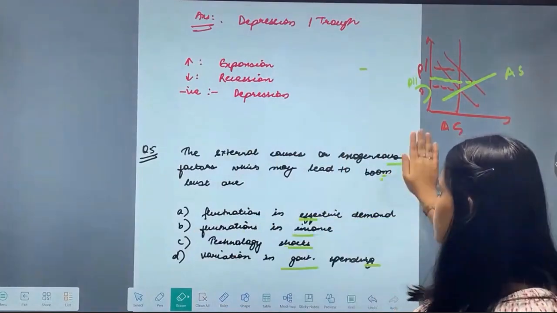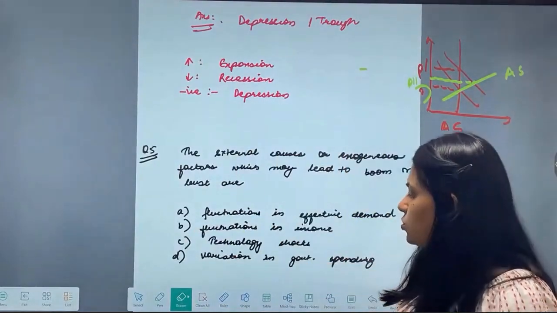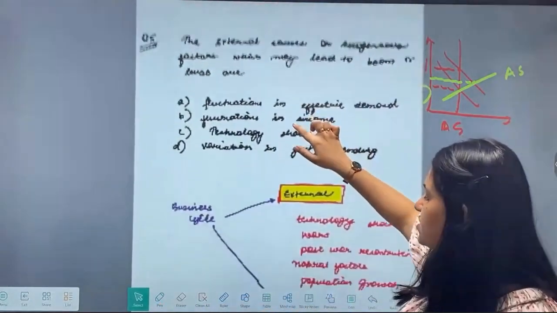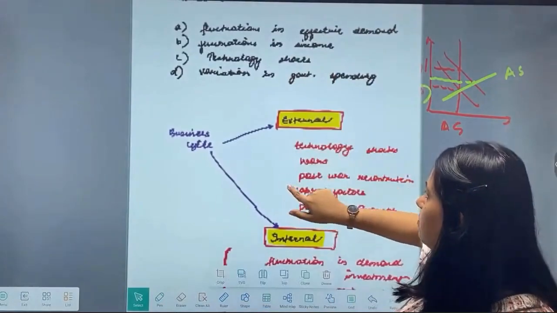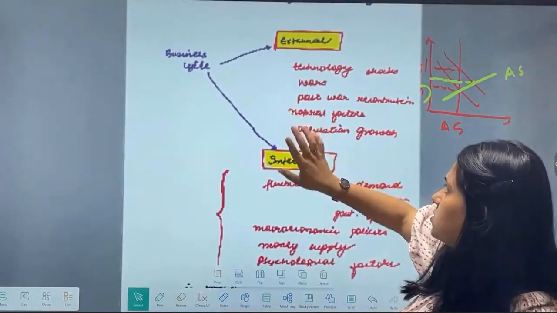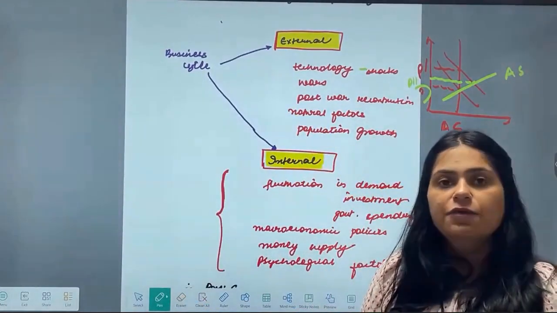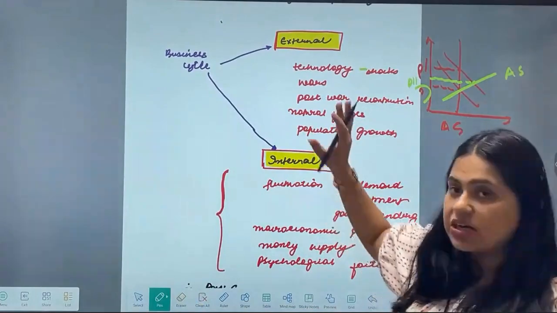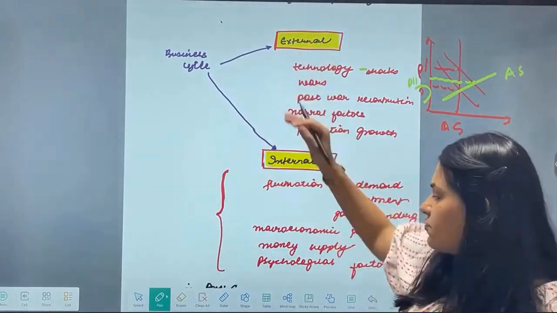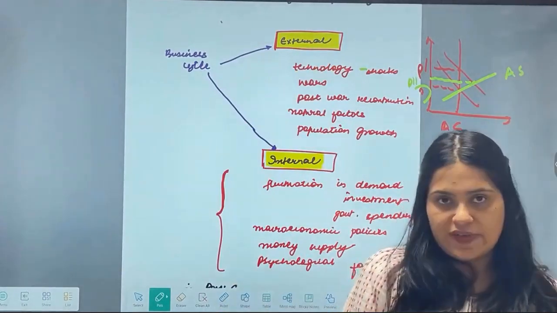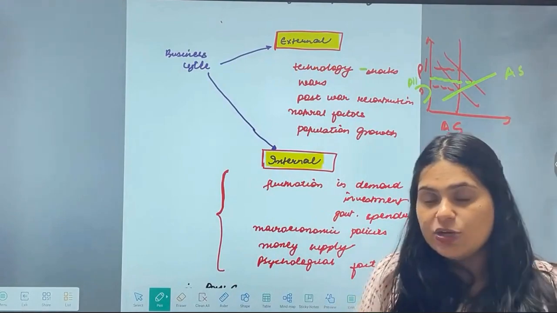Okay. Let us try to do this together. Achha dekho, a business cycle can be mapped in two parts. There are two kinds of factors that I can talk about. One is called external or exogenous factors, and one is called internal or endogenous factors. What are my endogenous factors?